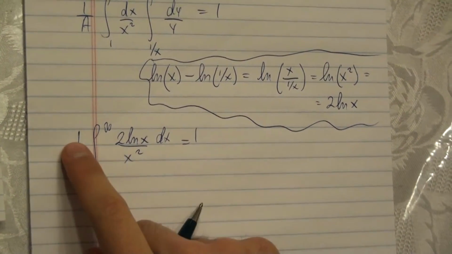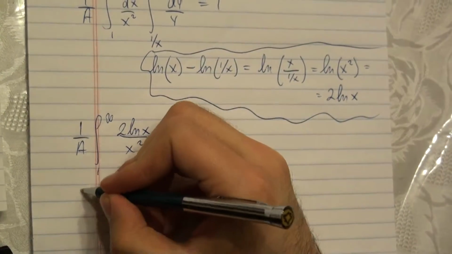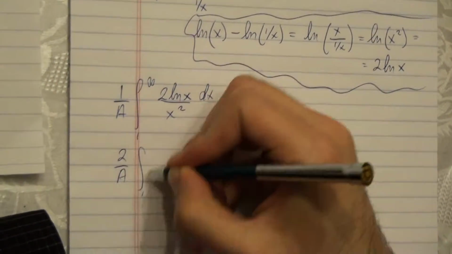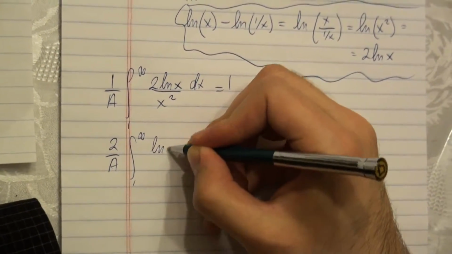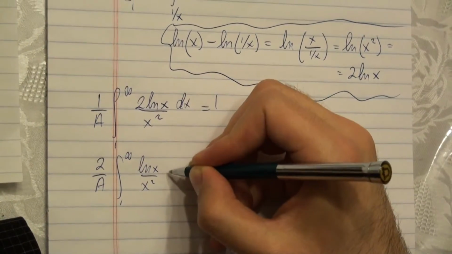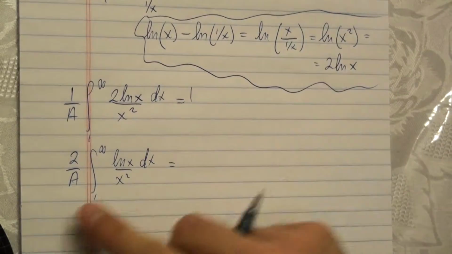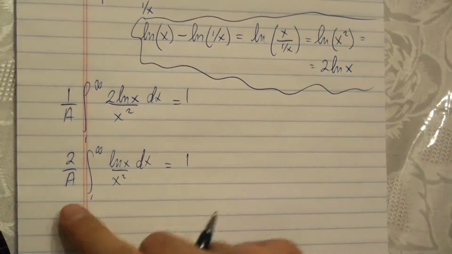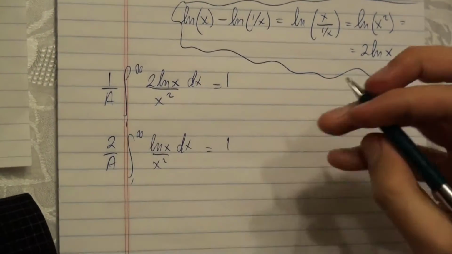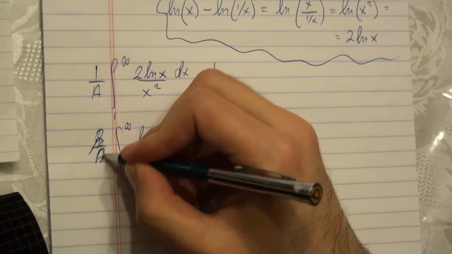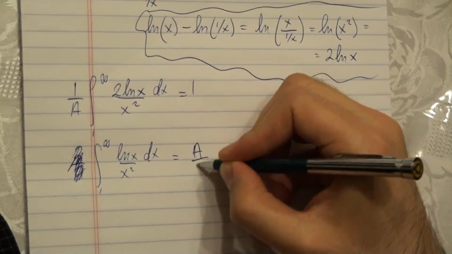So we can take the 2 out. So we have 2 over a, integral from 1 to infinity, natural log of x over x squared. I'm also going to move this constant to this side, so I'll multiply by a and then divide by 2. I'm just going to get rid of this, and it's going to be a over 2.